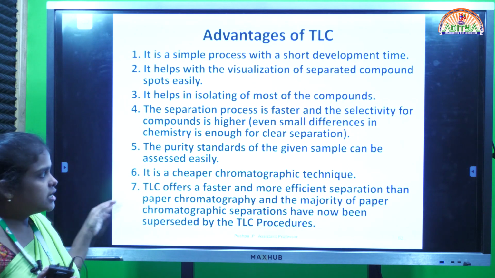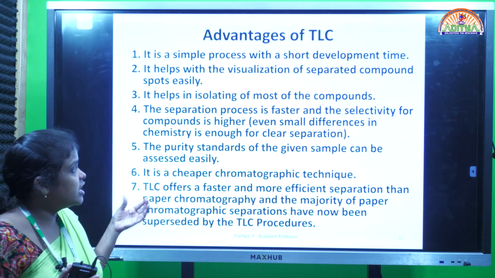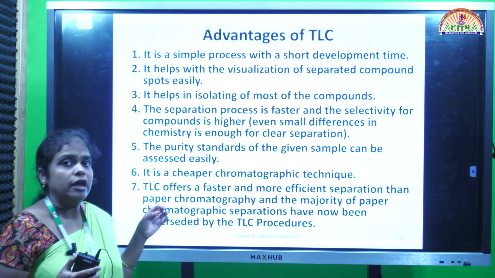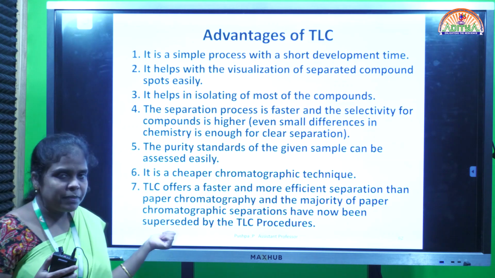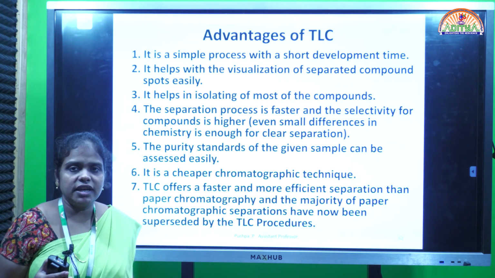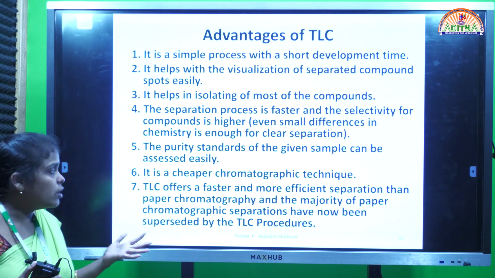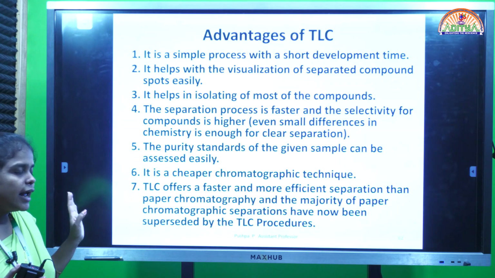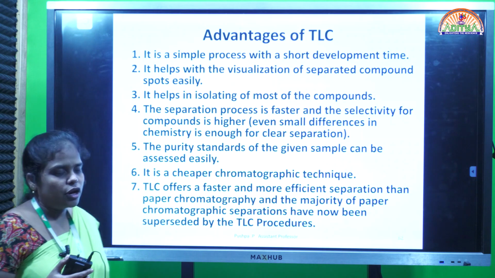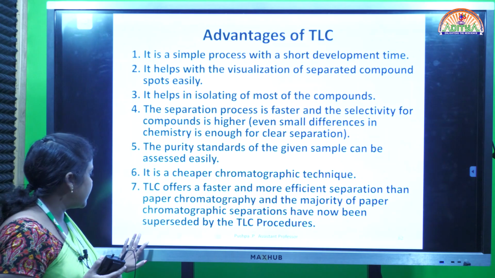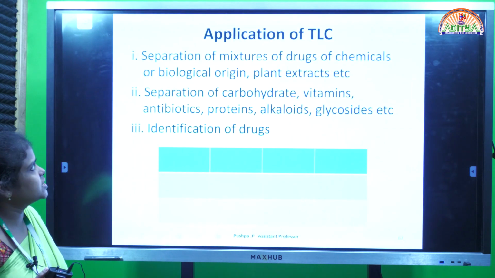Also, the purity standards of a given sample can be assessed easily. We can use TLC even for purity checking, and it is cheap, works very efficiently, and is a faster and economical chromatographic technique.